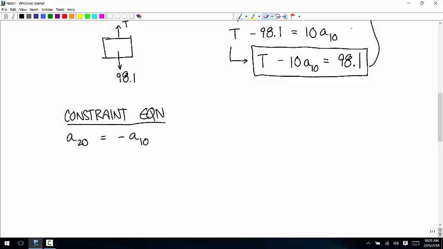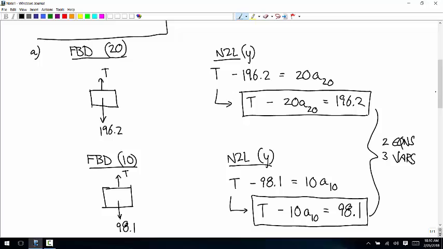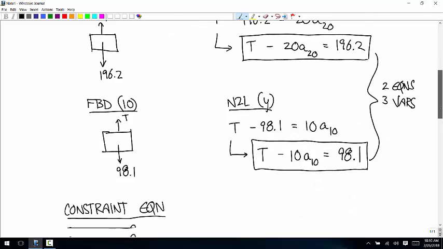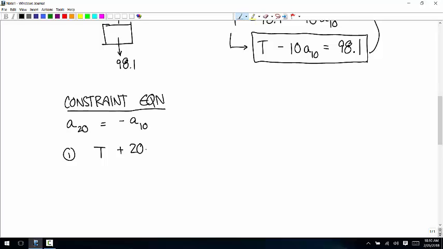And I'll just substitute this in. Okay, so now our system of equations says T, I'll substitute in here, so plus 20A10 is equal to 196.2.